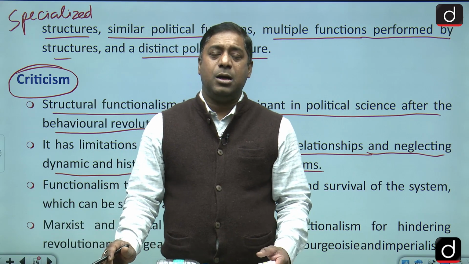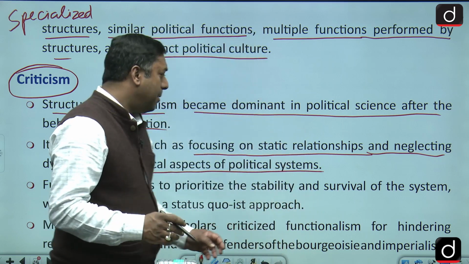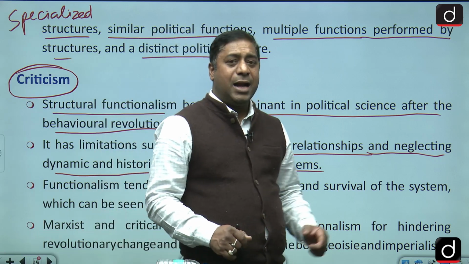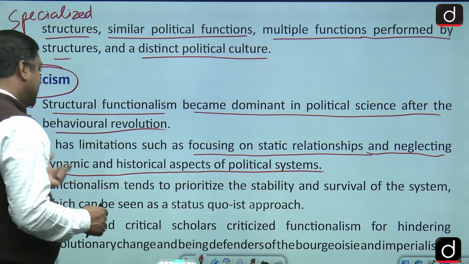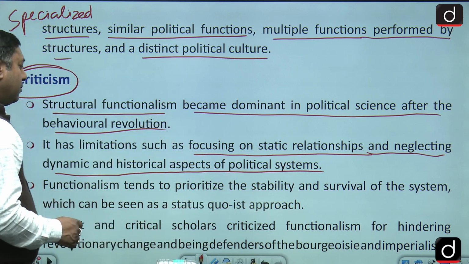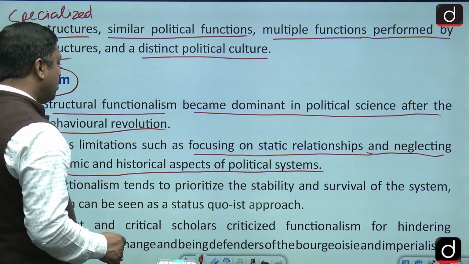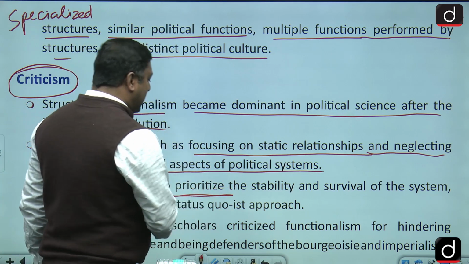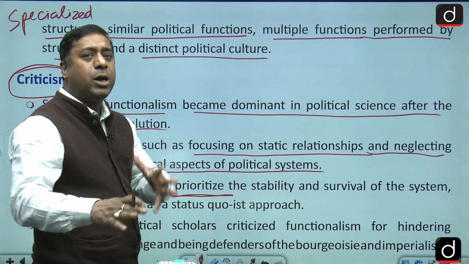That means the critics say that this approach focuses on static relationships and has neglected the dynamic and historical aspects of political systems. Then this approach was criticized on the grounds that it tries to prioritize, that means give more importance.